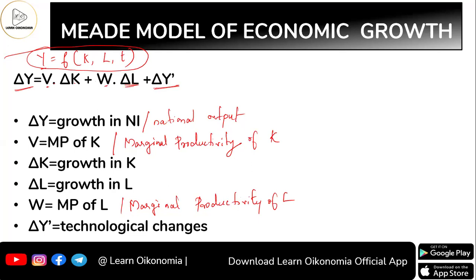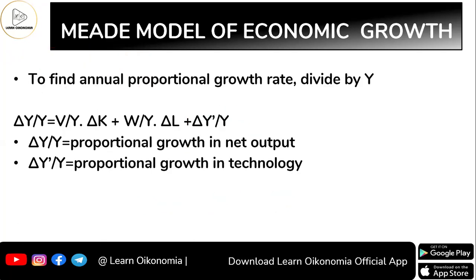In that case, let's proceed more about Meade model of economic growth. So, we know that our modified equation now is delta Y is equal to V delta K plus W delta L plus delta Y dash, right? Now we need to find the annual proportional growth rate.